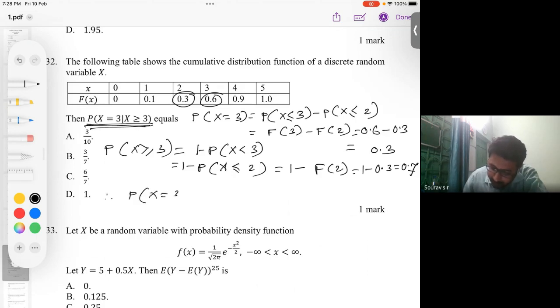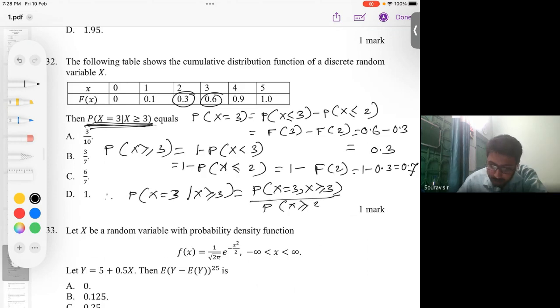Now we have to find out the value of this relation: P of x equal to 3 given x greater than or equal to 3. It can be written as P of x equal to 3, comma, x greater than or equal to 3, divided by P of x greater than or equal to 3.